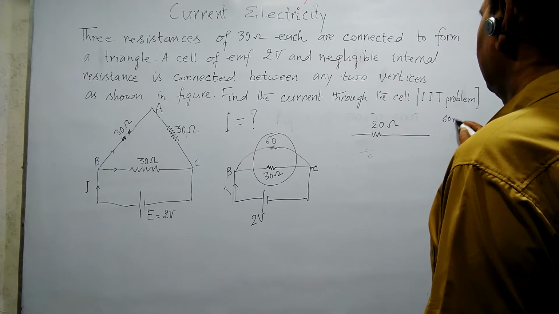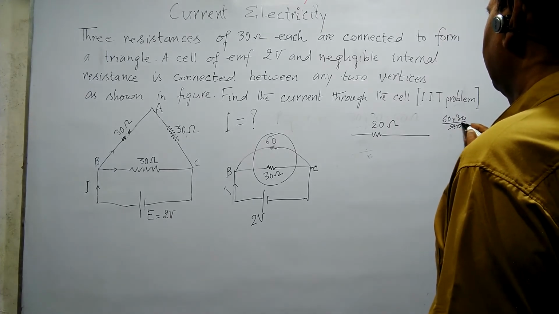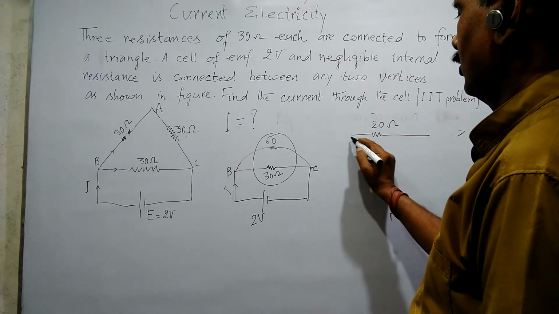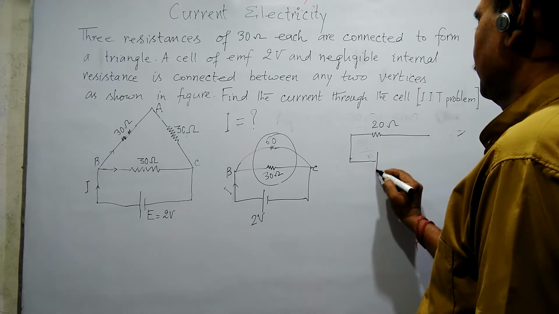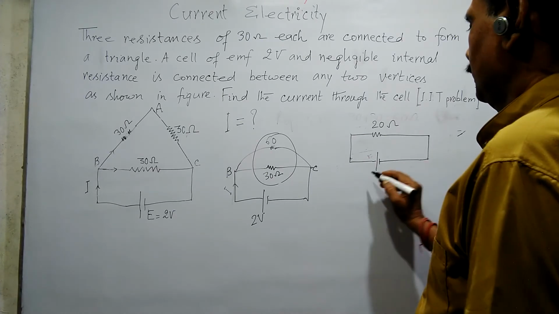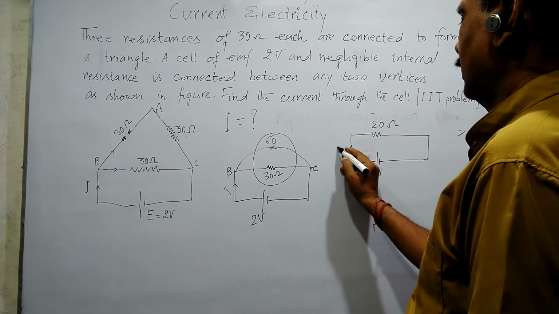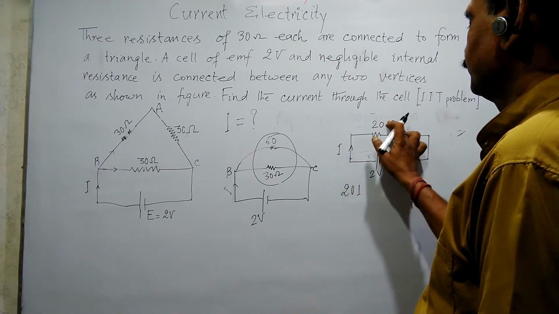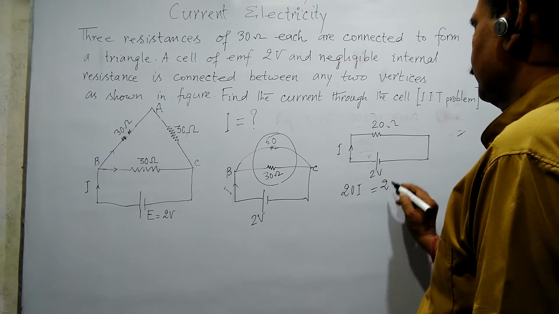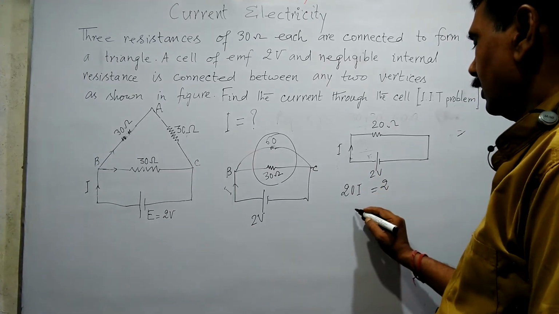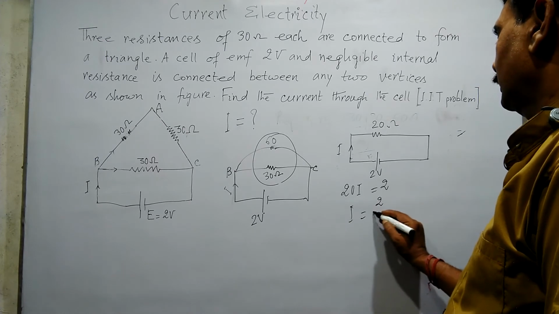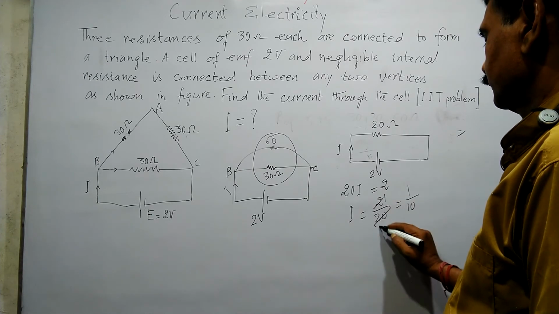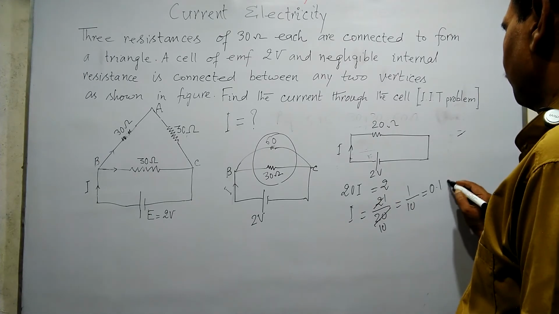60 into 30 divided by 90, that is 20. Okay, 20 ohm. Then this is 20 ohm, and here the EMF is 2 volt, and this current is I. Then the potential drop across this is 20 into I, and this will be equal to 2 volt. Then I equals 2 by 20, that means 1 by 10, that means 0.1 ampere.